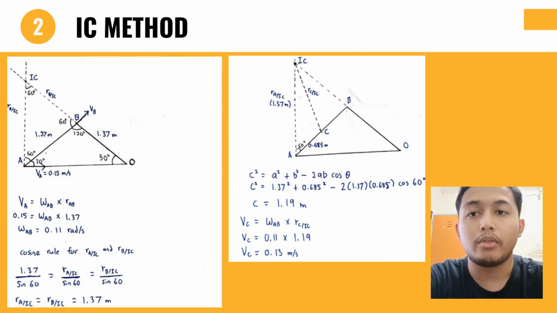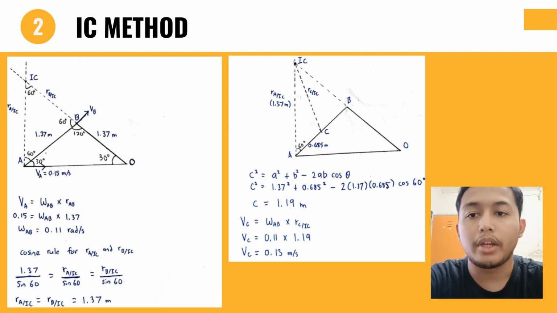And then after we find the IC, based on the information given, we can find the angle of the triangle, which is 60, because the triangle has the same dimension.